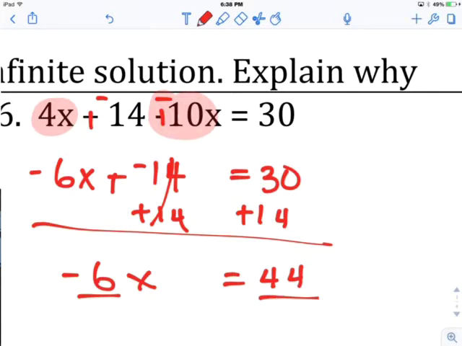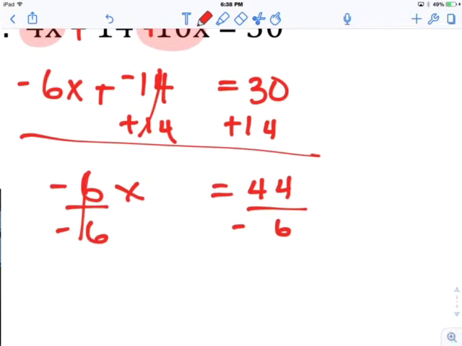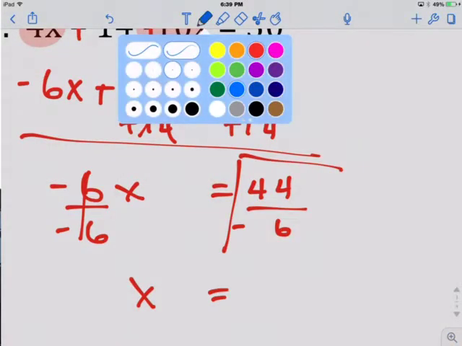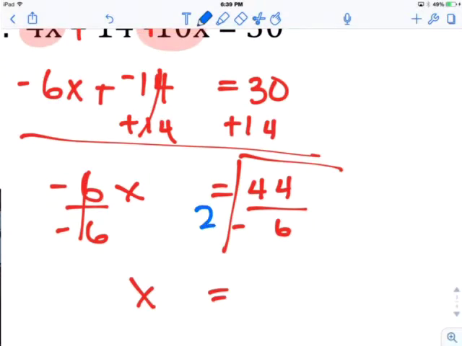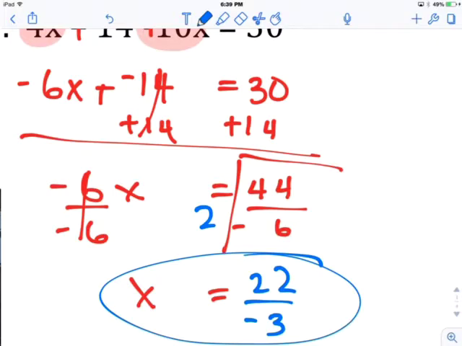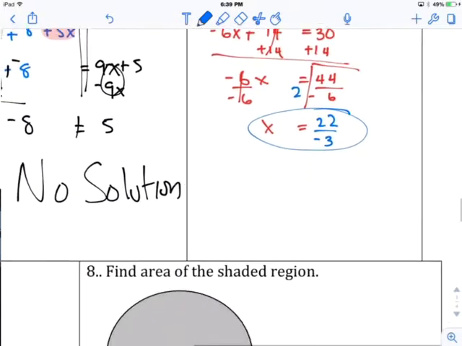Divide this by negative 6. X equals whatever that you get. Let's reduce that. You can't divide evenly to reduce it. Divide by 2, you get 22 over negative 3. When you divide it, you get a decimal, so you know you can reduce.